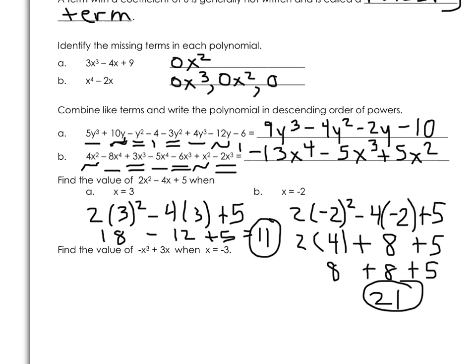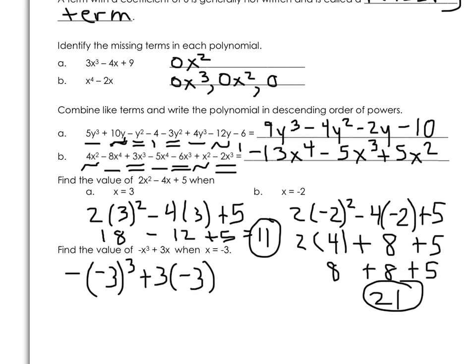So now we want to find the value of negative x cubed plus 3x when x equals negative 3. Once again I use parentheses whenever I'm substituting a negative value into a polynomial. Negative 3 cubed plus 3 times negative 3.